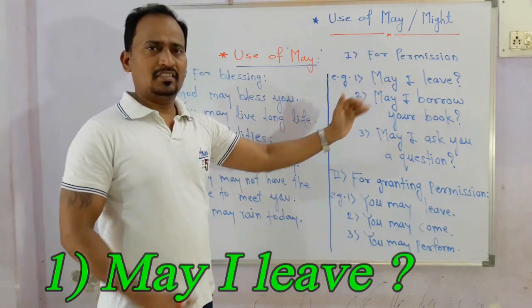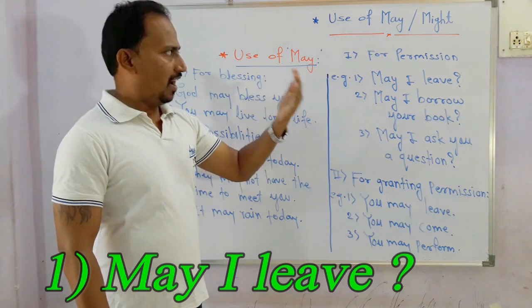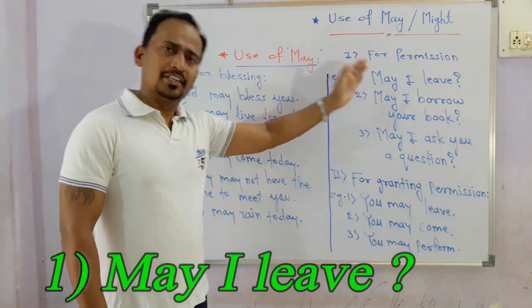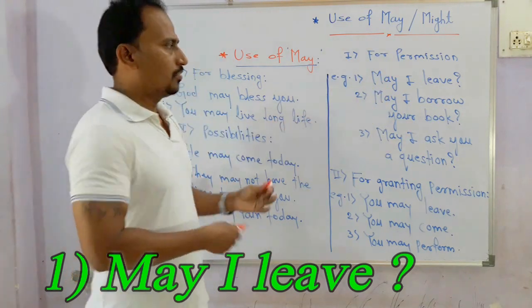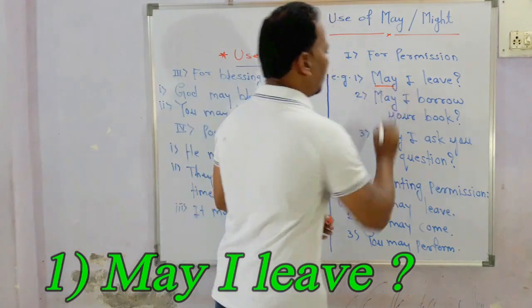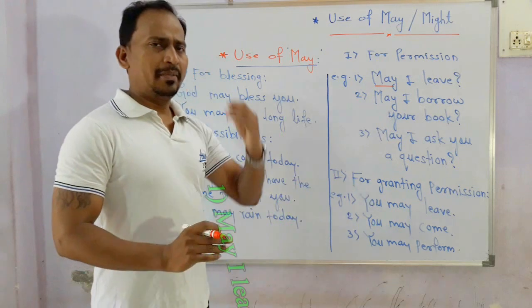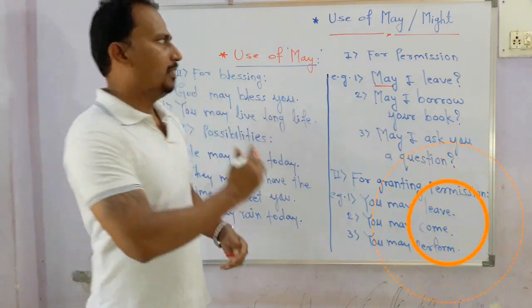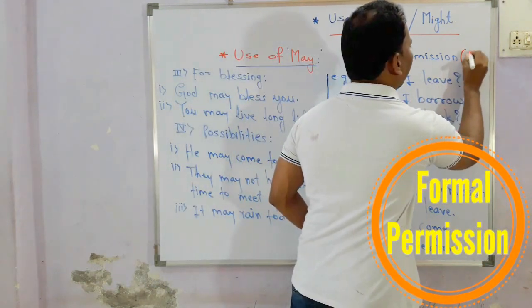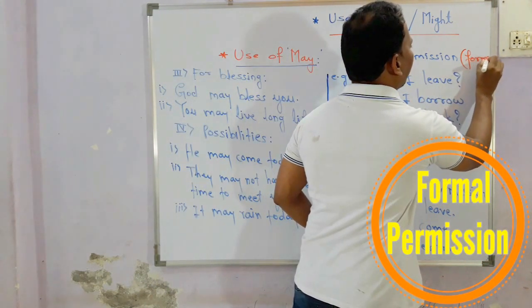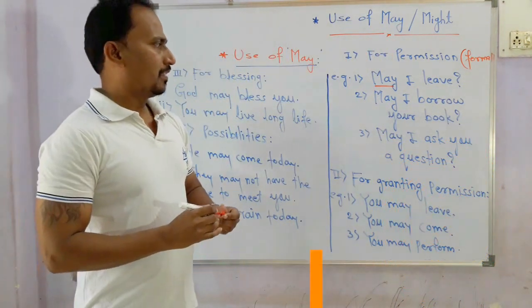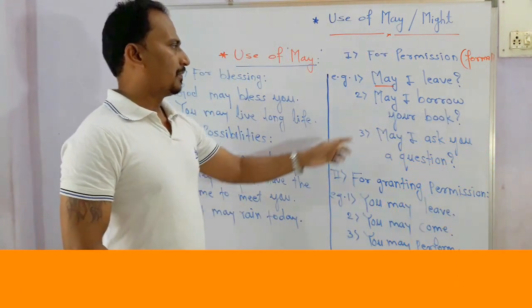If you want to ask permission, you can say may I leave, may I go. So here may is used. May is used for permission in the sense of a formal permission. Okay, formal permission.